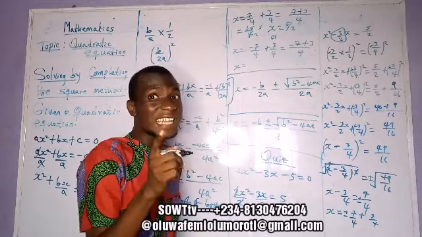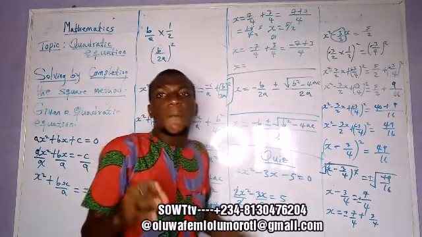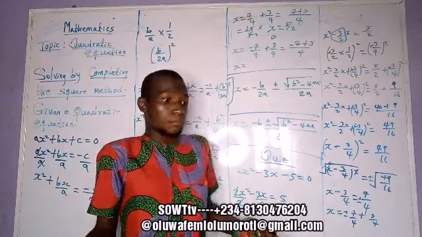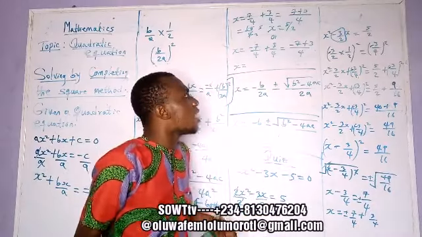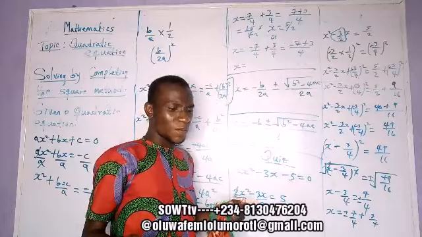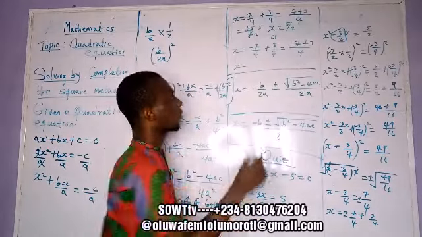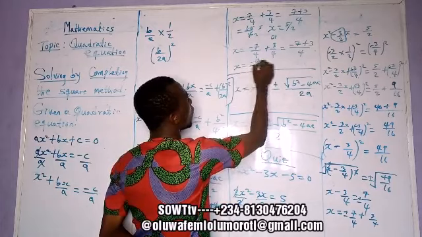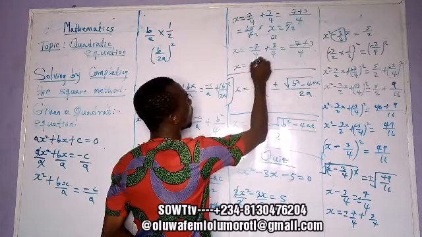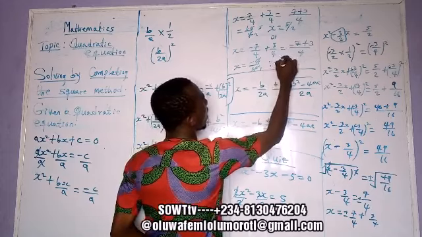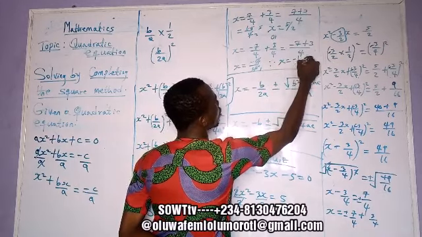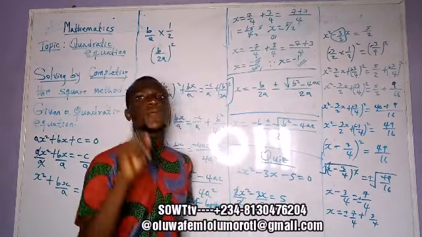Because many students get it wrong here. If you ask them minus 7 plus 3, they will tell you 10. Wow, how come? They will tell you plus 4. No, it's minus 4. So when we have minus 4 over 4, 4 here 1, 4 here 1. So therefore, x equals what? Minus 1. That is the final answer.